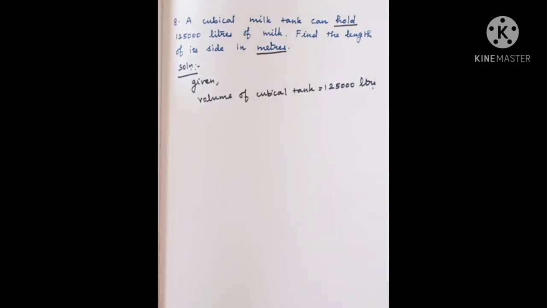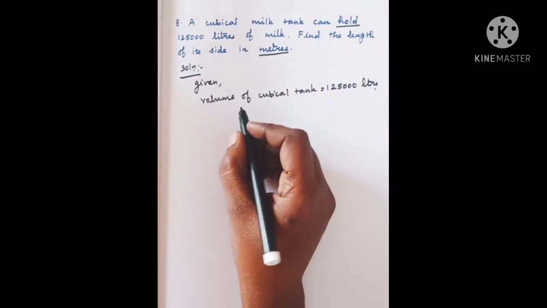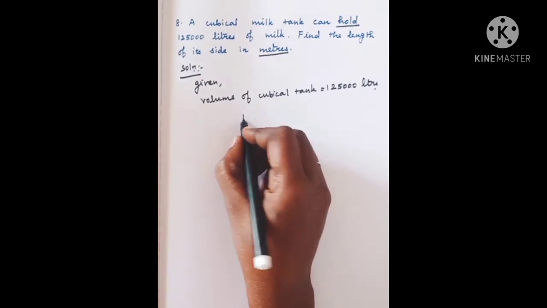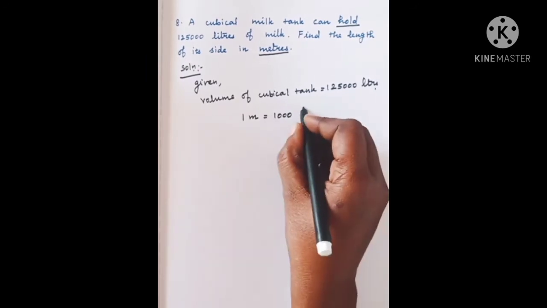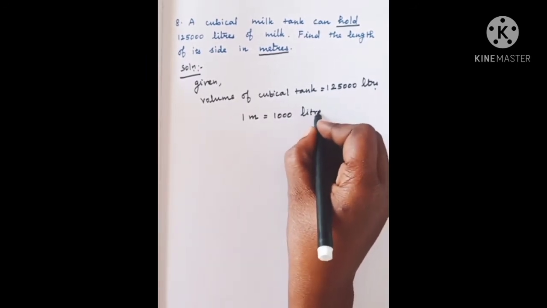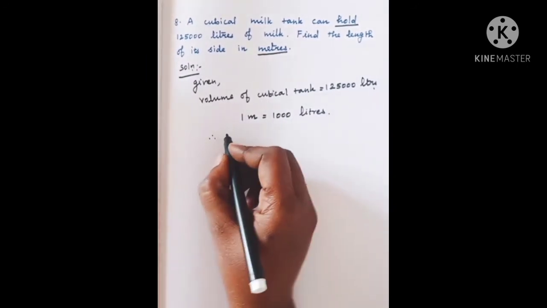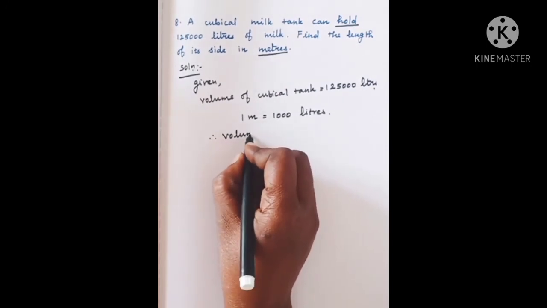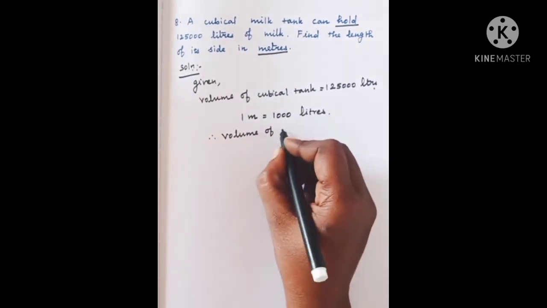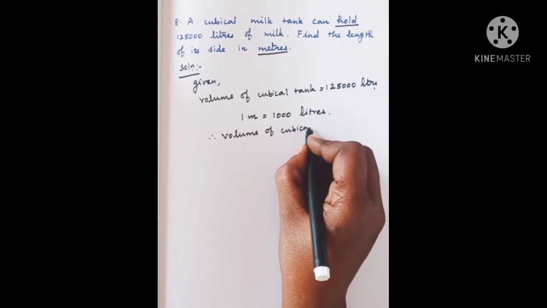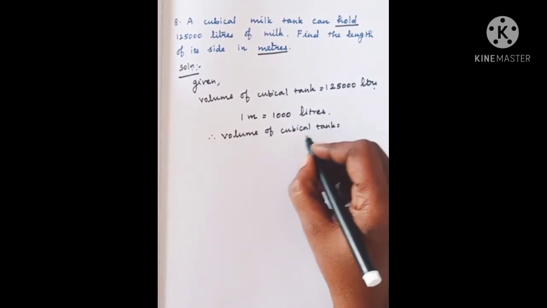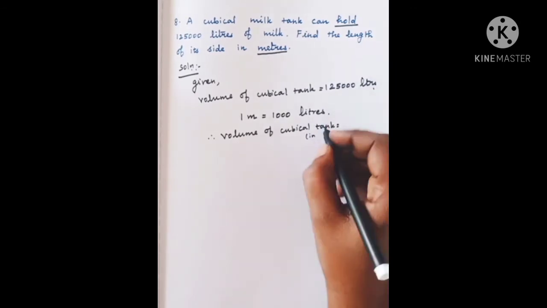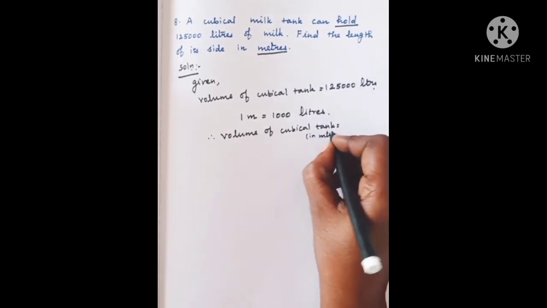You know this. 1 meter cube is equal to 1000 liters. Therefore, volume of cubical tank in meters. They are given in liters, so we have to convert it to meters.